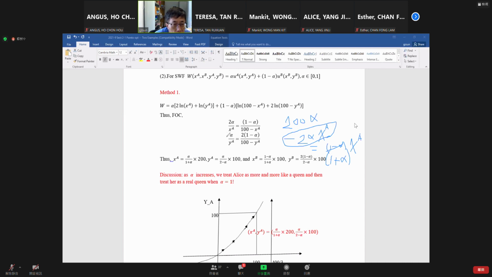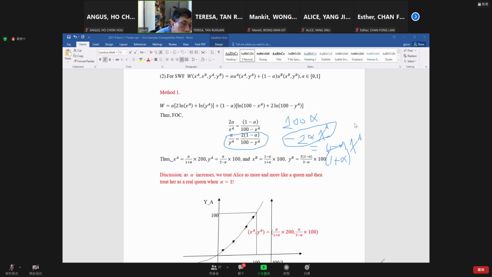And similarly for this one, you can solve YA. The idea is alpha times 100. That's the only term which doesn't contain YA. For the YA part, alpha minus YA, and shift to the right, and we have plus alpha, so therefore 2 minus alpha times YA equals 100 alpha, so therefore YA equals this number.